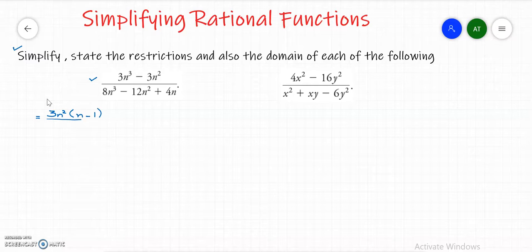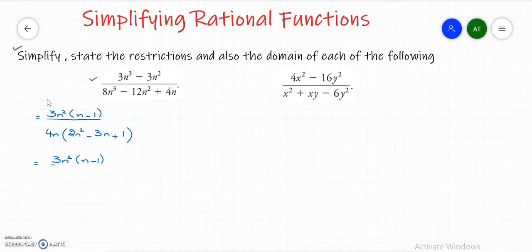In the denominator we have 8n cube minus 12n square plus 4n. We can take 4n common from the denominator and we are left with 2n square minus 3n plus 1. So we have got the simplified form of the numerator, that is 3n square into n minus 1.